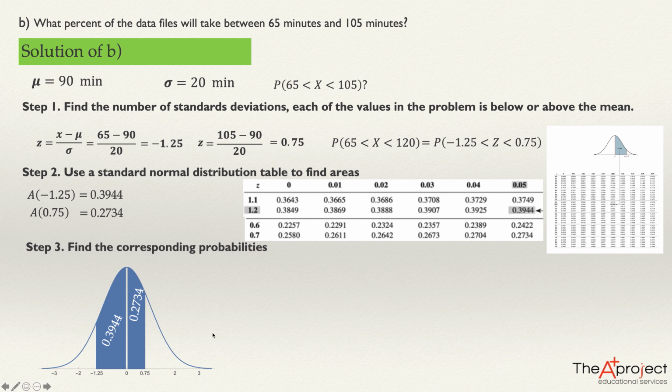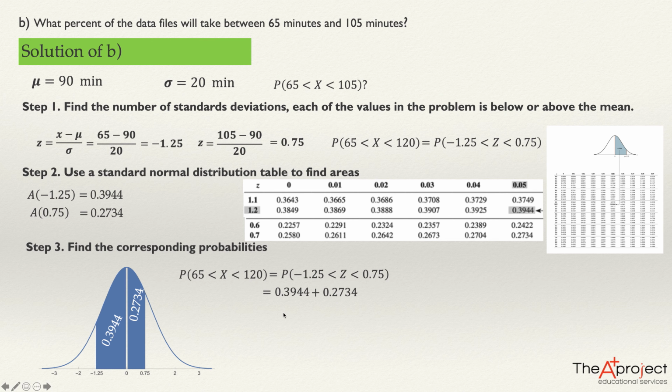So the probability that the variable x will be between 65 and 105, I have transformed into the probability that the variable z will be between negative 1.25 and 0.75. But this is equal to 0.3944 plus 0.2734.